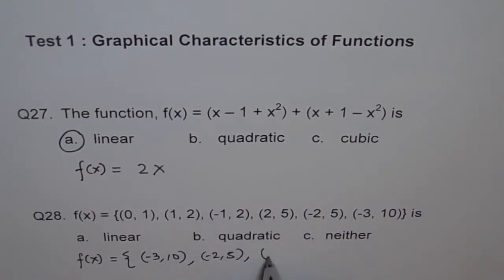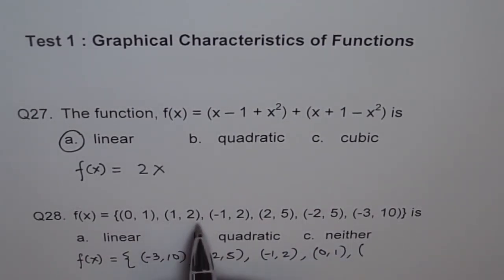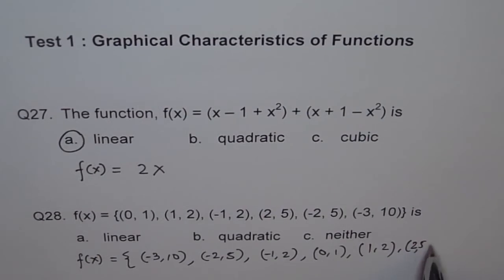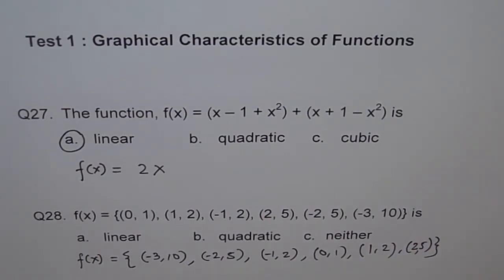And then minus 1, 2. Then comes 0, 1, and then 1 and 2, and then 2 and 5. Right? So now we have our data.